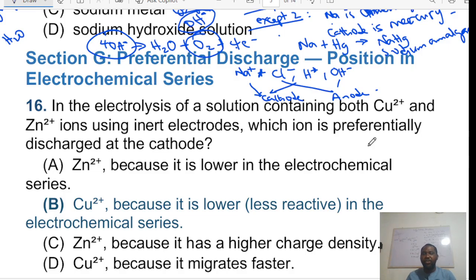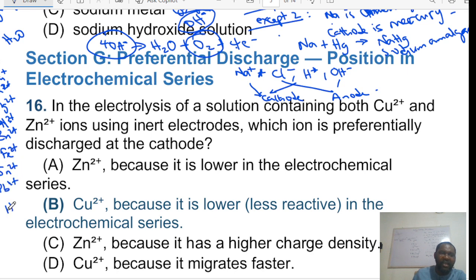One of them is the position of the ion in the electrochemical series. That is why I said that for most metals, hydrogen is discharged, because if you look at the electrochemical series, hydrogen is below most metals. I don't have to draw it here, but these are what is involved: magnesium, aluminum, zinc, iron, tin, lead.